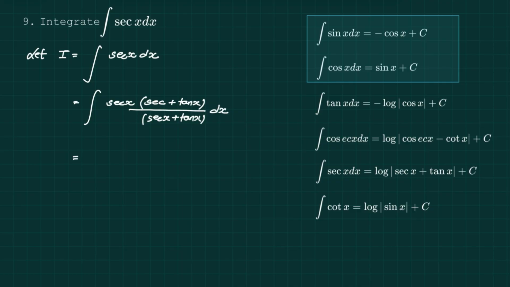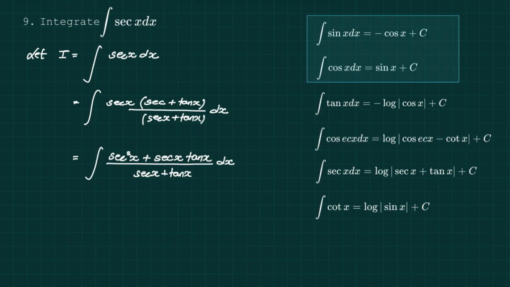Then, opening the bracket, it will be sec square x plus sec x tan x whole divided by sec x plus tan x dx. Now if you notice here, at the numerator we have sec square x and sec x tan x, which is the derivative of sec x and tan x.